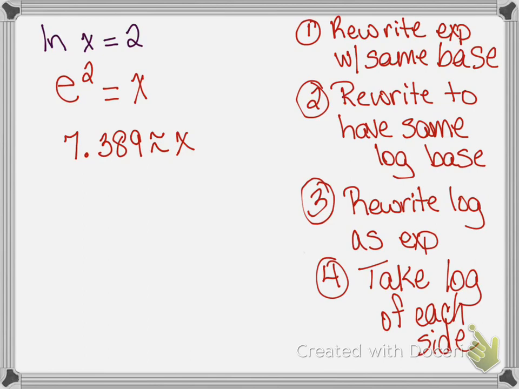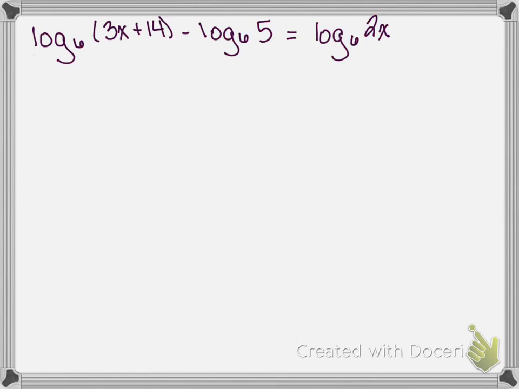Can I go to the next screen? Here I have log base 6 of 3x plus 14 minus log base 6 of 5 equals log base 6 of 2x. Okay? I need to use my log properties to rewrite that left side as only one log.